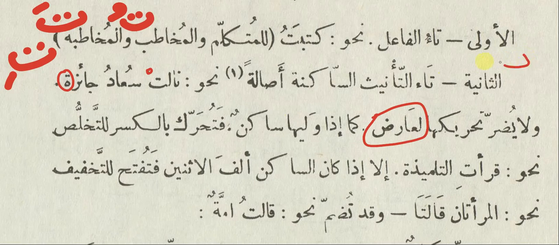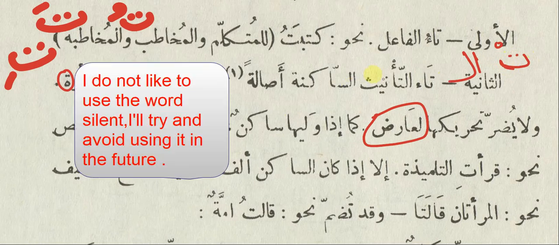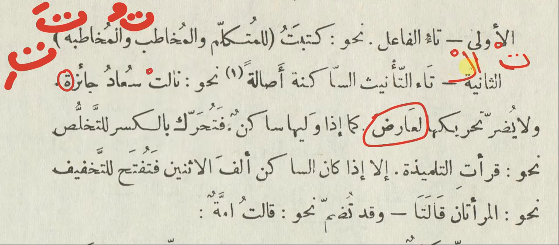In Arabic, no two silent letters will meet. So this ta is silent, so there is no movement to it. This L that we discussed is a definite article. The L in it is also silent. This definite article, I don't want to get too deep into the grammar, but for now, this alif is called hamza mawsula.